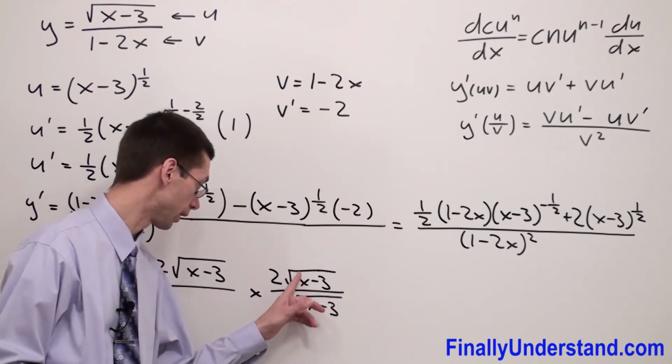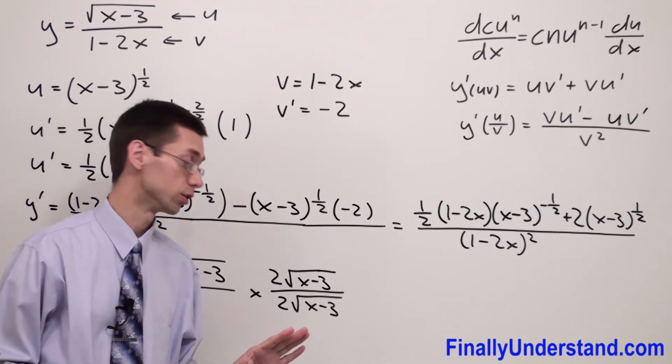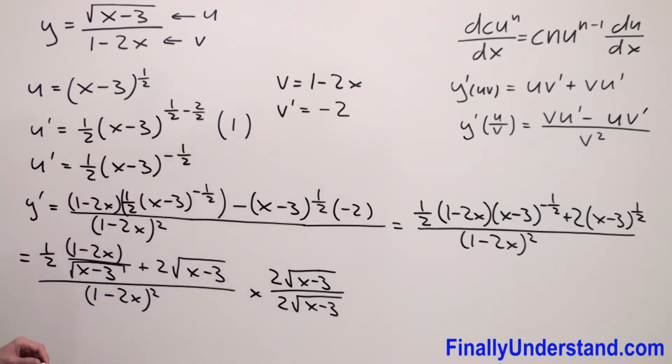So if you multiply this expression by 1, you are not going to change the value. Maybe this is going to look a little bit different, but the value is going to stay the same.